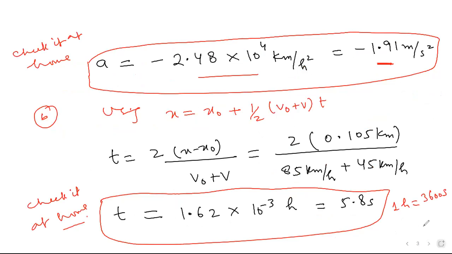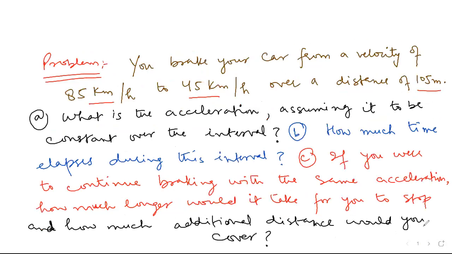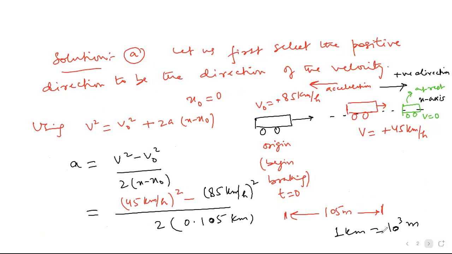Now we are asked in part C to assume acceleration is the same, and find how much longer it would take for you to stop, and how much additional distance you would cover. We'll go this way.